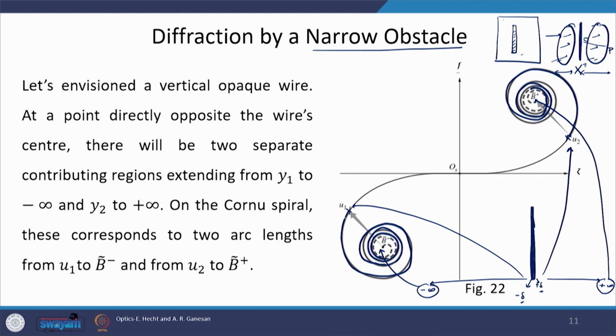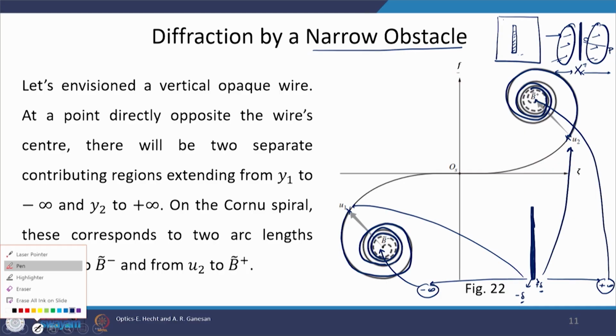It means we have two chords now due to the wire, the narrow obstacle, and in between these two chords there is a region wherein there is no chord. The chord is non-existent between points U1 and U2 on the Cornu spiral.